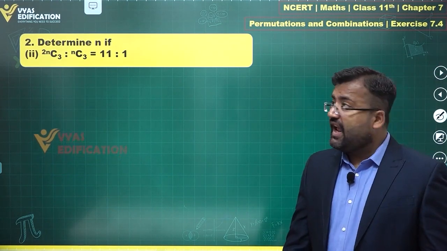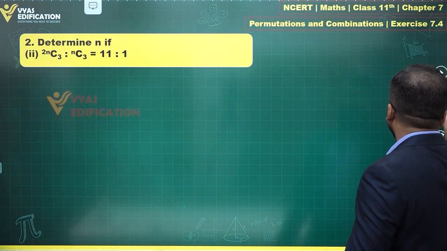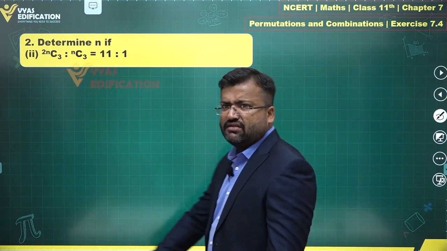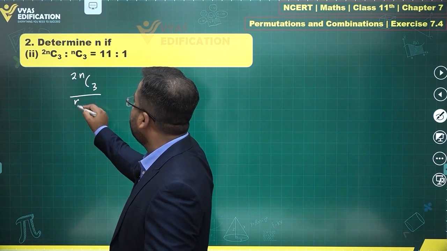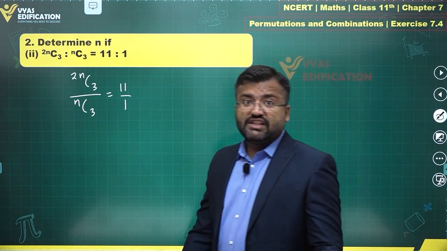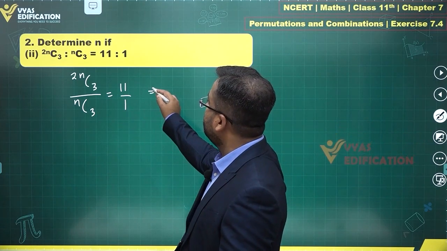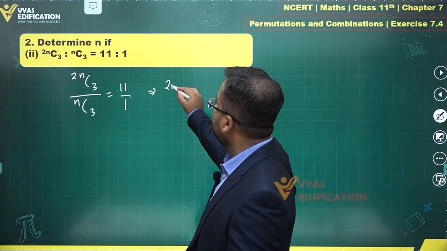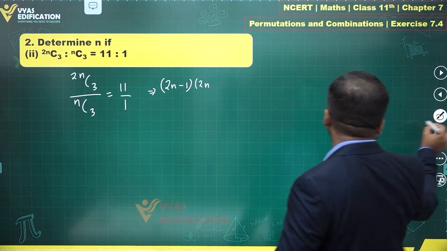This says determine n if 2nC3 is to nC3 is equal to 11:1. Let's solve this question. This is 2nC3 over nC3, which is equal to 11/1. We just solved 2nC3 upon nC3 in the previous part of the same question, and what did we get over there? There was a 2n as well.